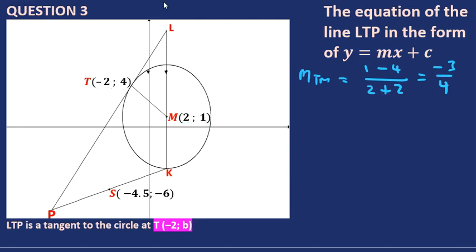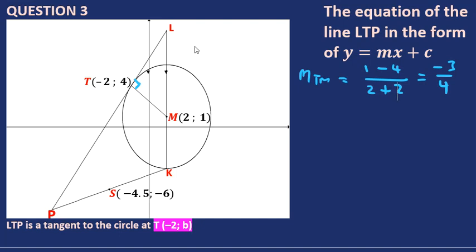Alright, now remember that TM is actually the radius and LP is a tangent. And we know that the radius will meet the tangent at 90 degrees. And of course, that's also a theorem. So the radius will meet the tangent at 90 degrees.